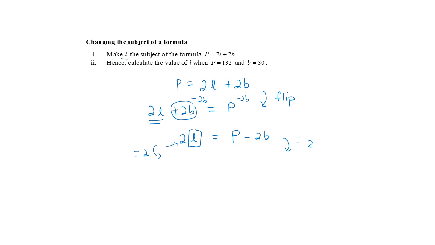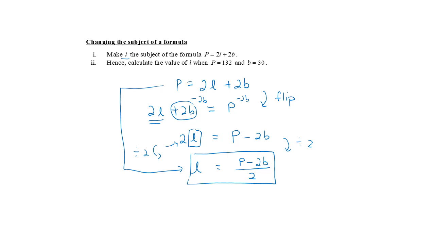So my next line will look like L equals P minus 2B over 2. So I have now changed the subject of my formula from P to L. And this is what I want.